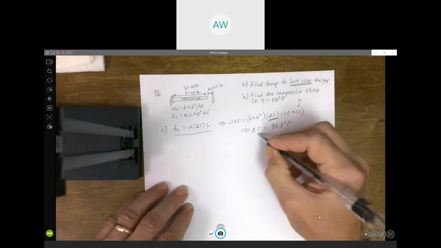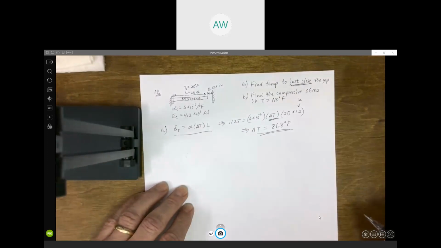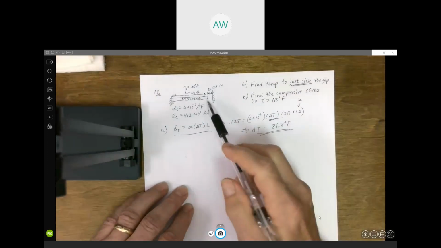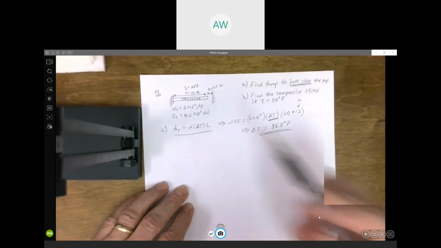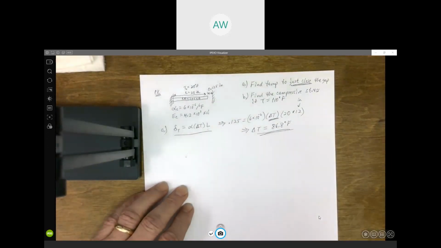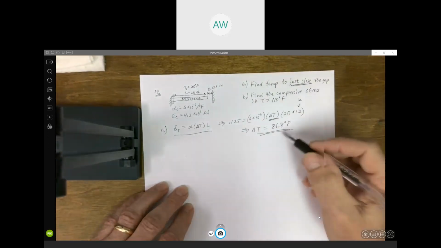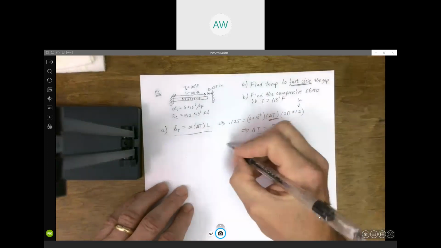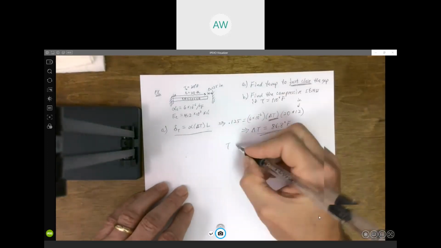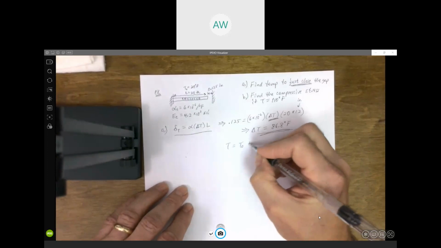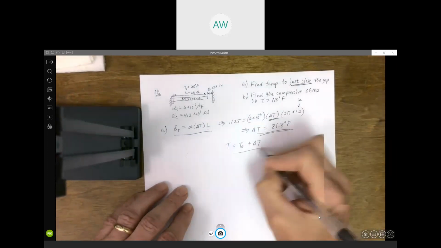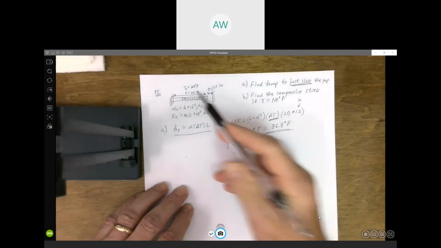These are degrees Fahrenheit, English unit. So that's the change in temperature. That's how much it's got to increase to make the concrete slab expand just to that wall. So if delta T is 86.8, then we're trying to find the temperature. We've got to take our original and add that delta T to it. So we started out at 20.